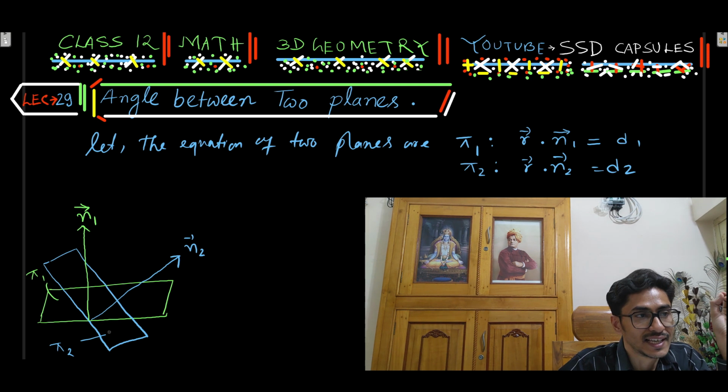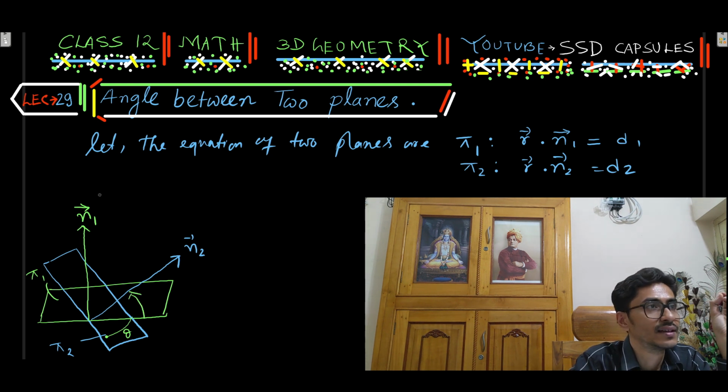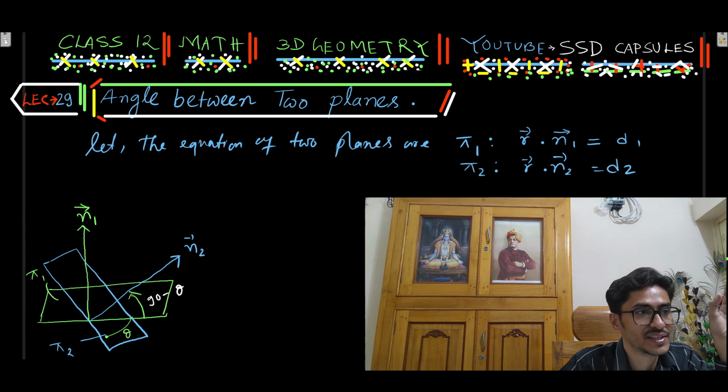Now see, the angle between these two planes is theta. As n2 vector is perpendicular to pi 2, this angle is 90 minus theta, as we understood by the models. But n1 vector is perpendicular to pi 1, so this angle is 90 degrees.